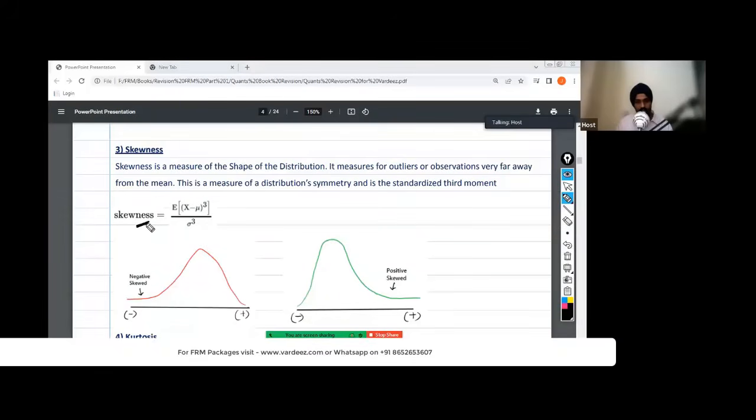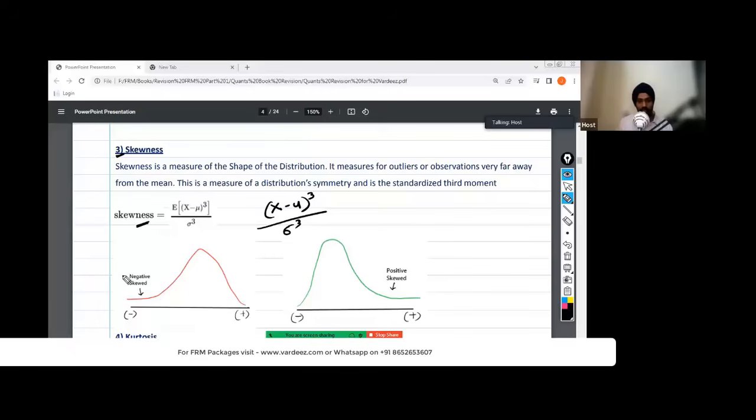Now, skewness has a formula. If you look at that, it is the value of the random variable minus mu to the power 3. Why 3? Because it's the third moment. And if you want to standardize it, standardize means you make it more comparable, just like correlation is standardized, then we divide by the standard deviation cubed.